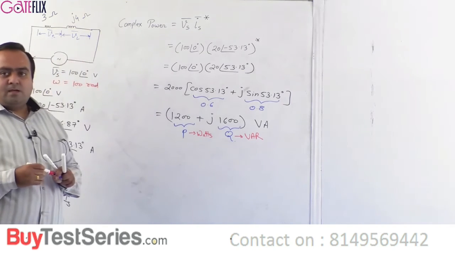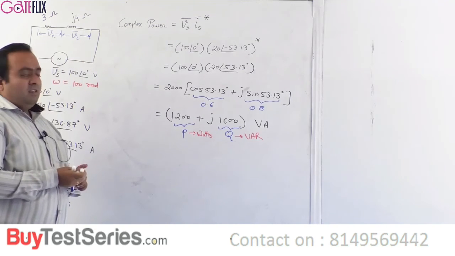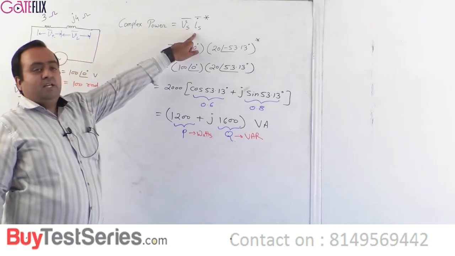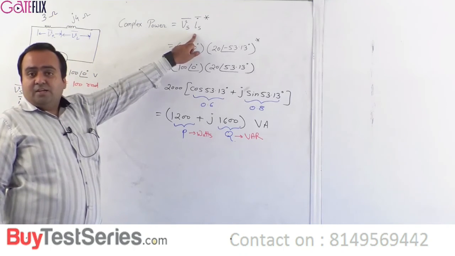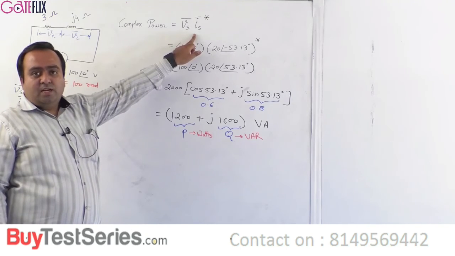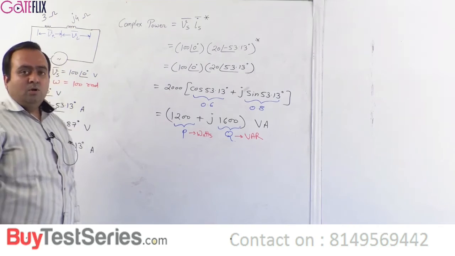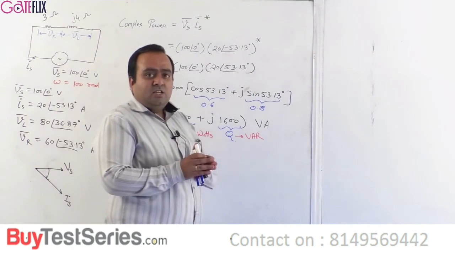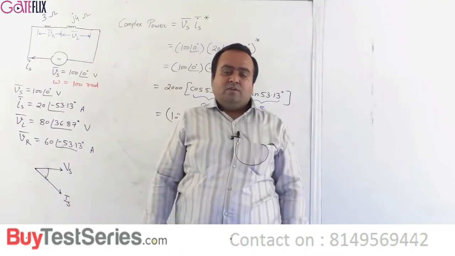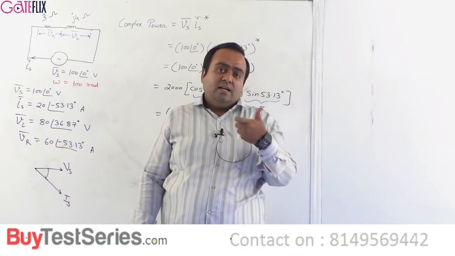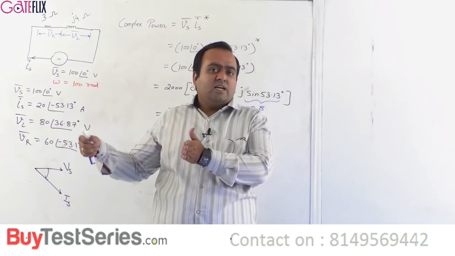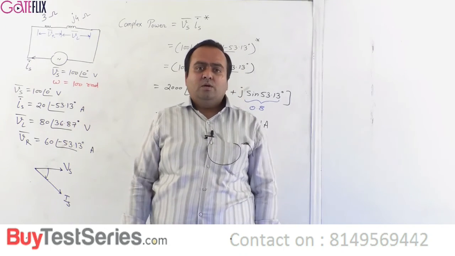Is this okay? Now please understand, a question may come to your mind: why did we take the conjugate? It is the definition of complex power, V into I conjugate. Please understand, as I told you, an inductor is a sink of reactive power. An inductor or a capacitor, we are taking it as a part of the load.